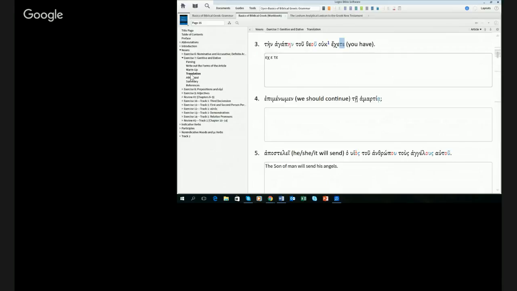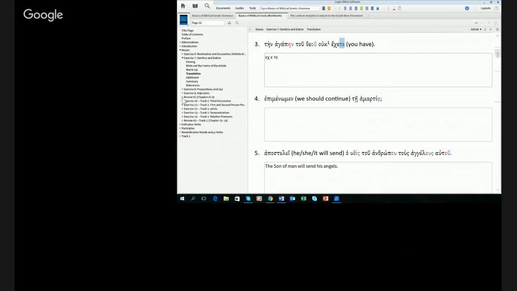Tein agapein is the head noun, and tu theu, of God, is another noun in some relationship to tein agapein. When we get to intermediate Greek, we'll start to unpack more of those relationships. The most common one is that it's describing or possessing something. So in this case, tein agapein tu theu is telling us it's the love of God, God's love. So you do not have the love of God.